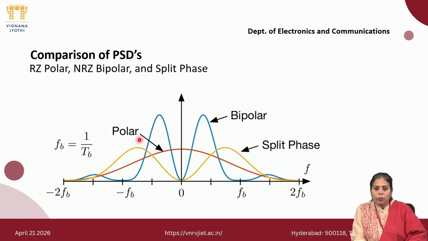Whereas if you transmit the signaling using polar formatting, the bandwidth requirement is beyond FB, more than what you require for bipolar transmission. One more distinction is that the polar format has a DC component present because the value is non-zero at f equal to 0. And the split phase or biphase Manchester form again requires more bandwidth.